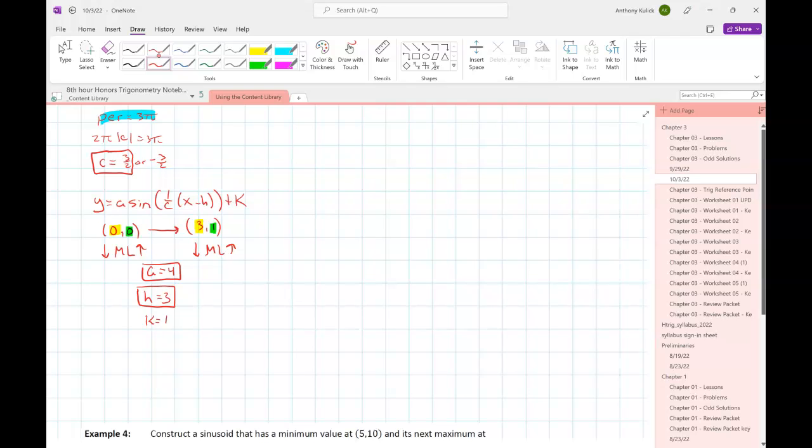It has to be 1. So there's everything I need. Mr. Kulik, that really wasn't so bad. No, this is the easiest version of an information about the graph problem.